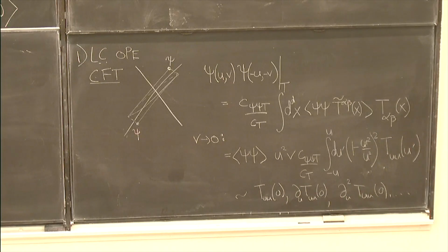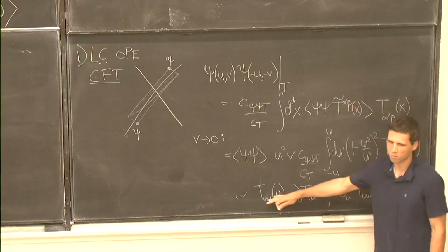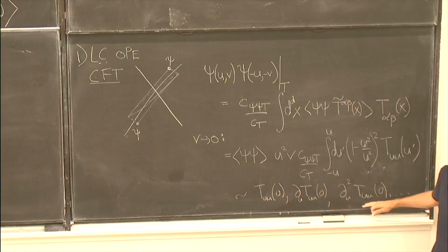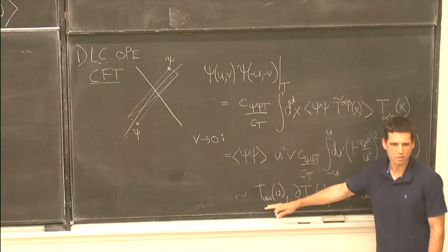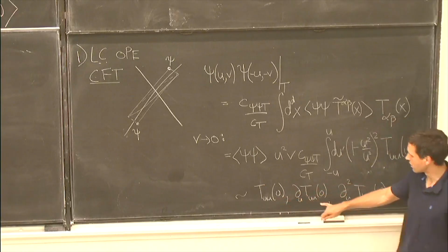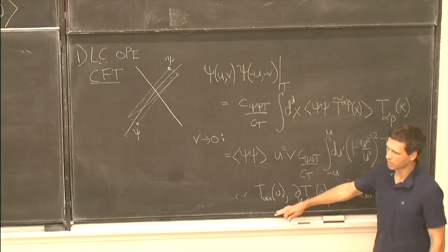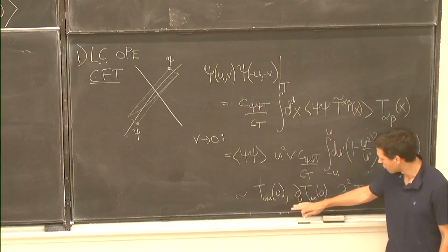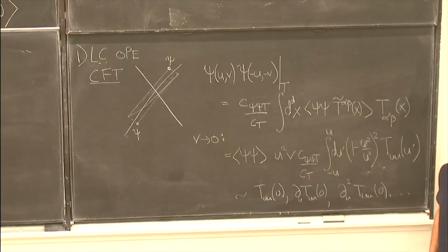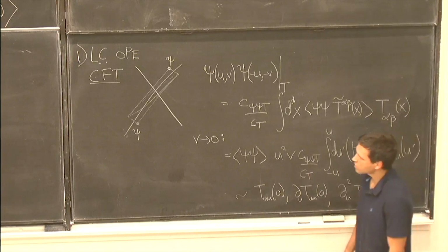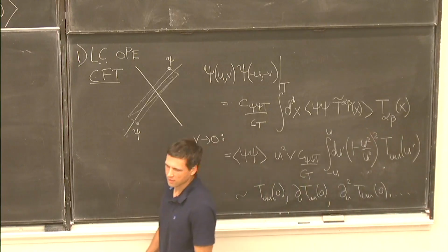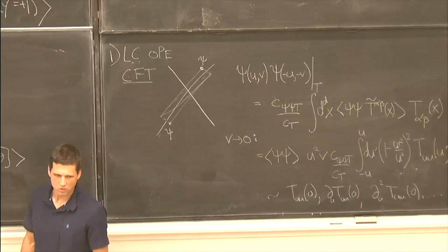So this integral is just a trick for keeping track of all of the operators of this form that appear in the psi OPE. It drops all the other operators, but it gets exactly the right OPE coefficients for all of these operators. What's special about these operators is that these are the operators in the OPE of lowest twist.